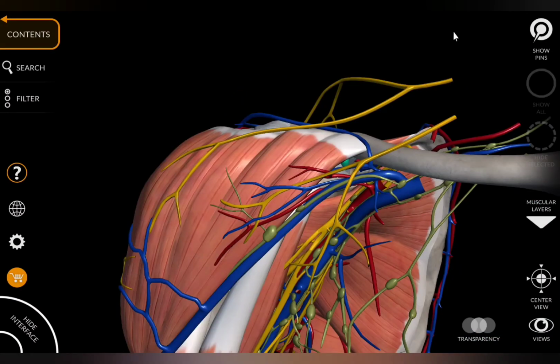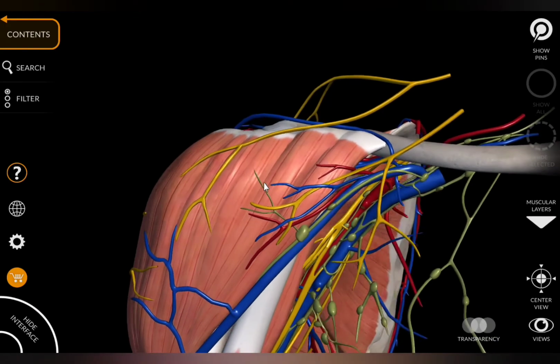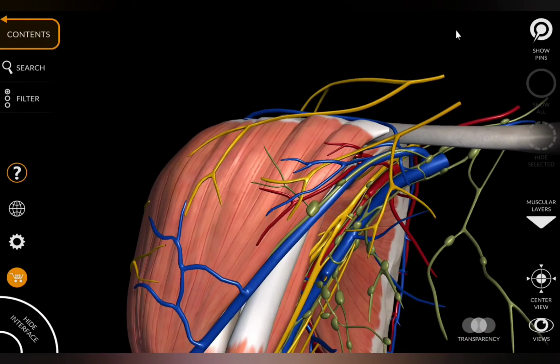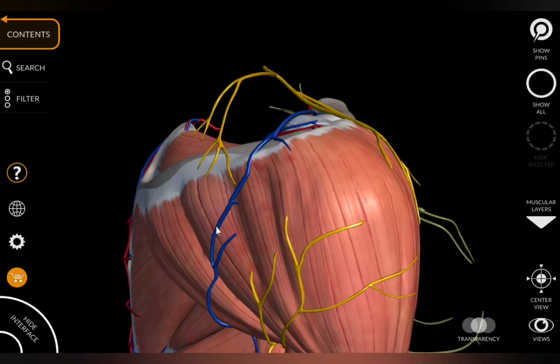Now we are going to take a look at what structures are under the cover of the deltoid muscle. For that, I am going to remove all the structures above the deltoid muscle.